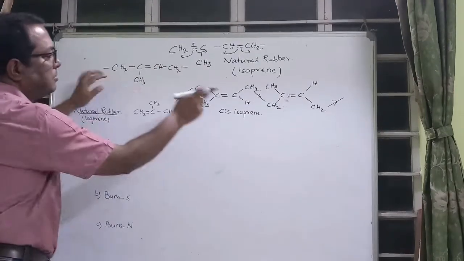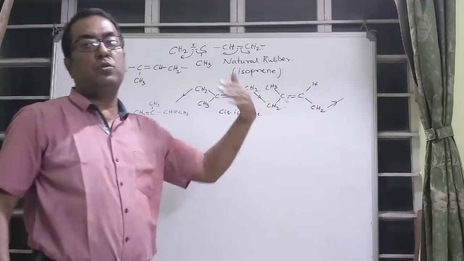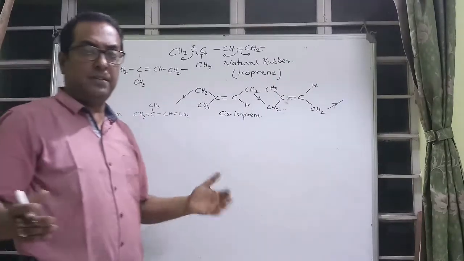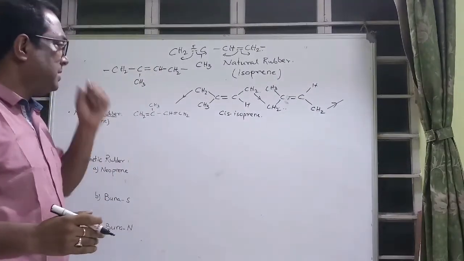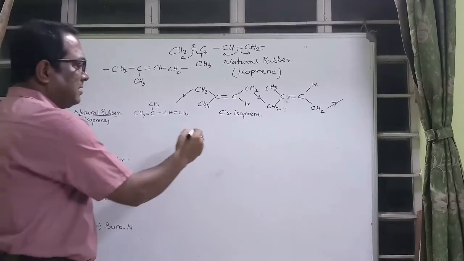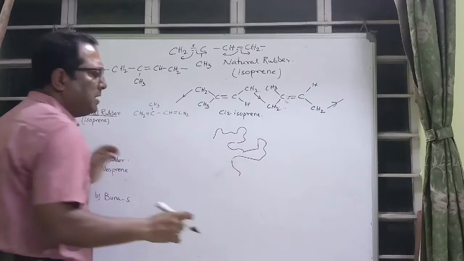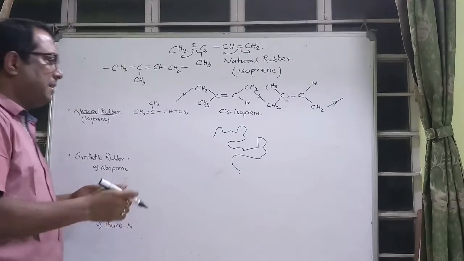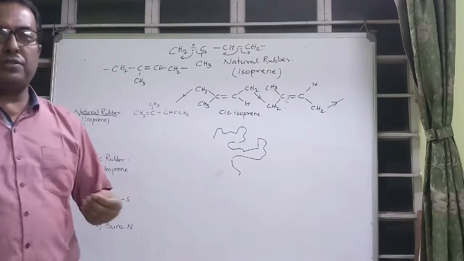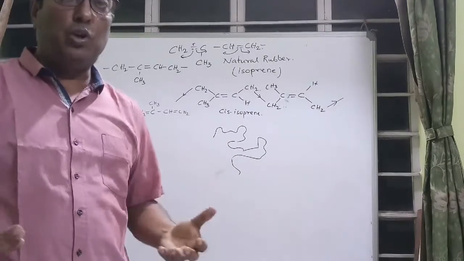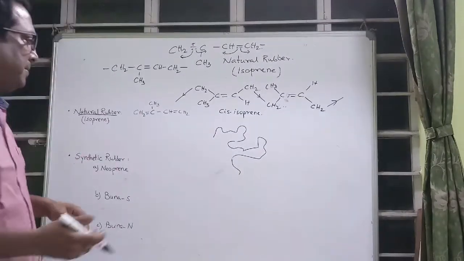So these CH2 are the active sites where they go for the polymerizing effects. So students, what you have to see is that this rubber is highly coiled, and this coil often breaks when it is cooled, so it is brittle in nature.